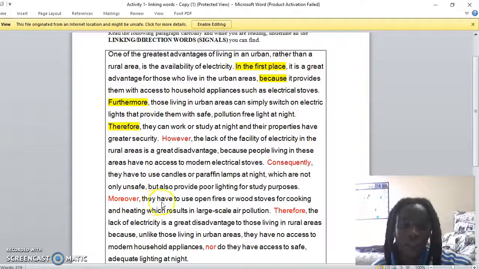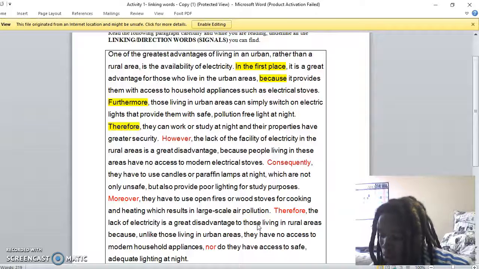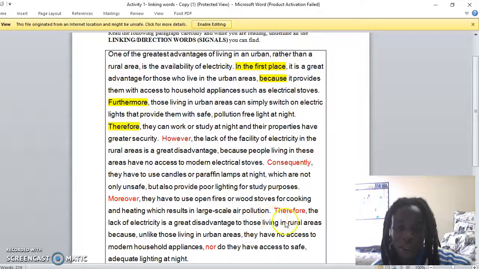And then he continued, "they have to use open fires or wood stoves for cooking and heating, which results in large-scale air pollution. Therefore, the lack of electricity is a great disadvantage to those living in rural areas, because unlike those living in urban areas, they have no access to modern household appliances, nor do they have access to safe, adequate lighting at night."